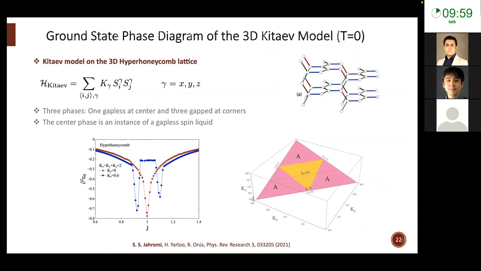You would see that if you scan the phase diagram along these lines, which is kx, ky, and kz equal to 2, you get peaks in the second derivative of the energy, which pinpoint the location of these phase boundaries for you, and you can extract this full phase diagram with tensor network.